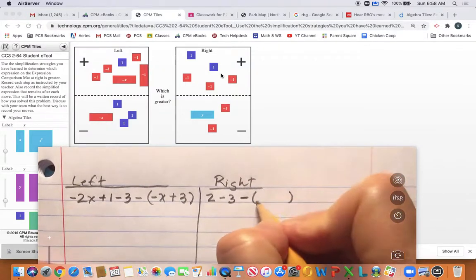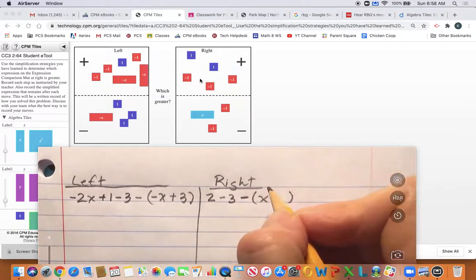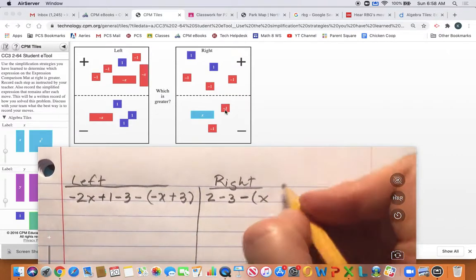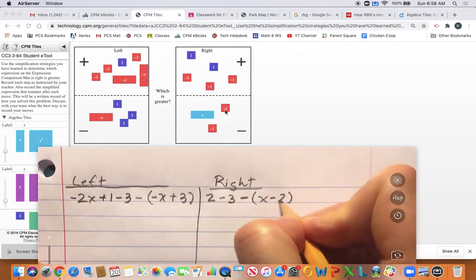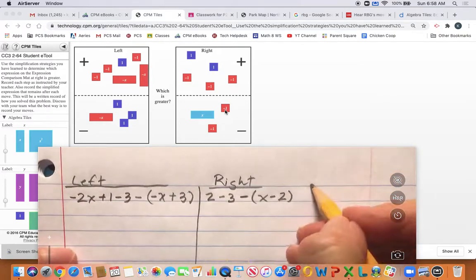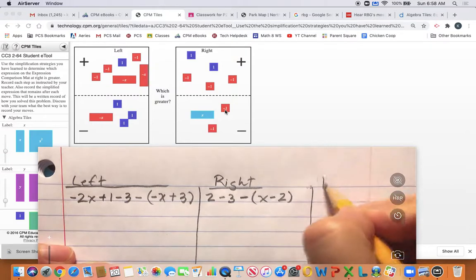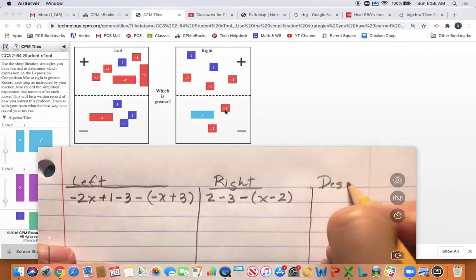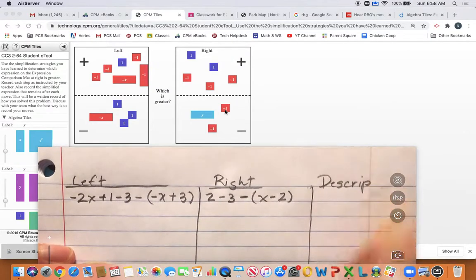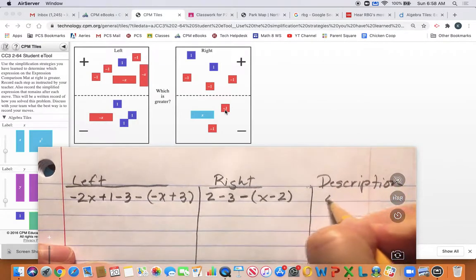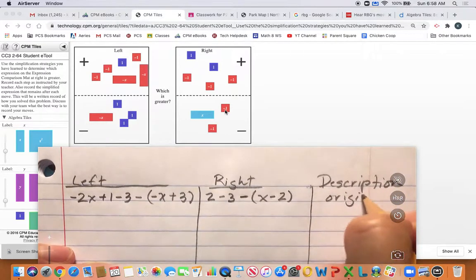And we have a positive x tile there, and we've got 2 negatives, 2, 1 negatives. All right, so now that we've finished with that, I'm drawing another line here. And I'm going to write the description of what we do after each move. These are the original expressions, so I'll start out with that.